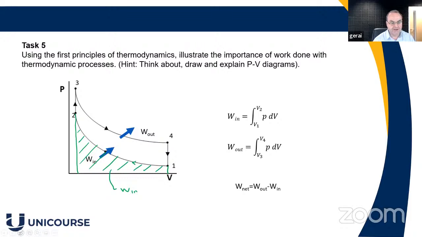Now we'll look at the expansion. Go back to a red. The expansion process, I'll put it in as dots, is the total area underneath that expansion line. So I'll put lots of dots in.